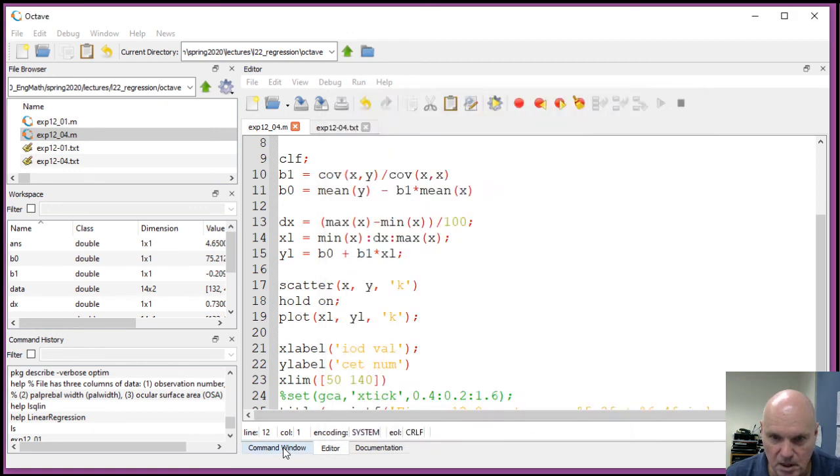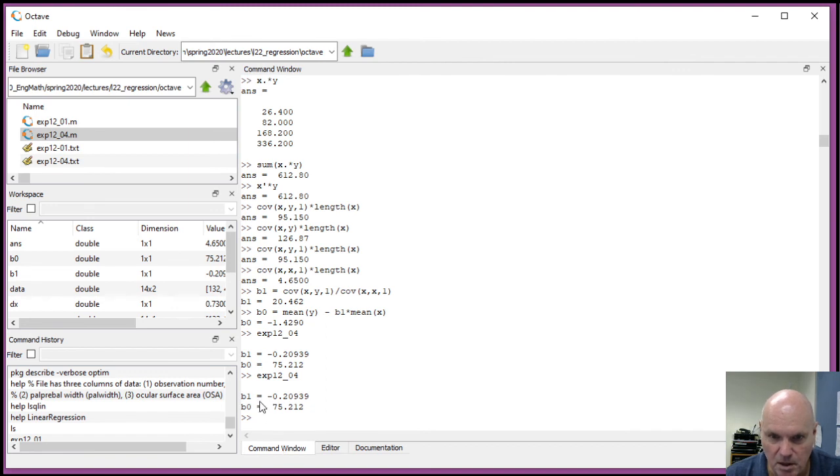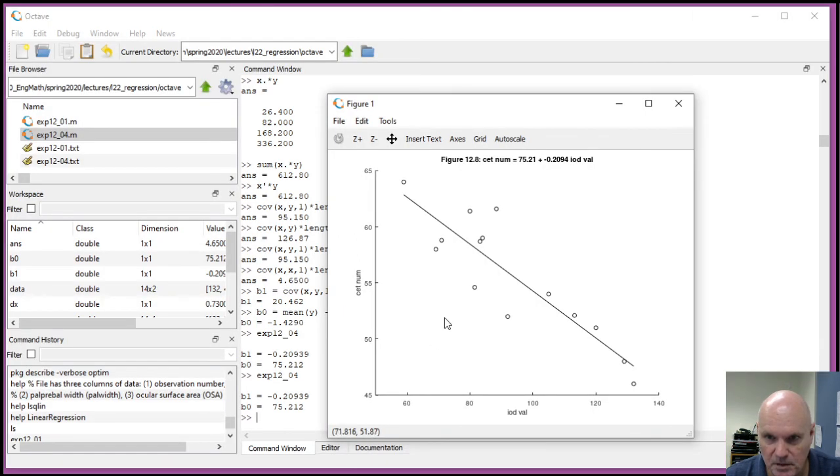In this particular case, if you look in the command window, the y-intercept is 75.2, and the line is decreasing, so it has a negative slope of 0.209. So again, let me pull back up the graph. If you can imagine this graph being extended to 0, it looks like the y-intercept would correspond roughly to 75, and we see it has that negative slope.